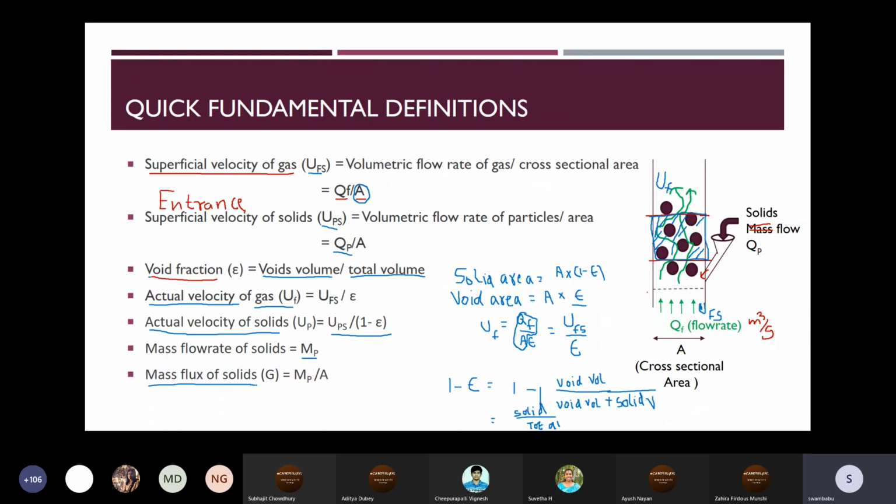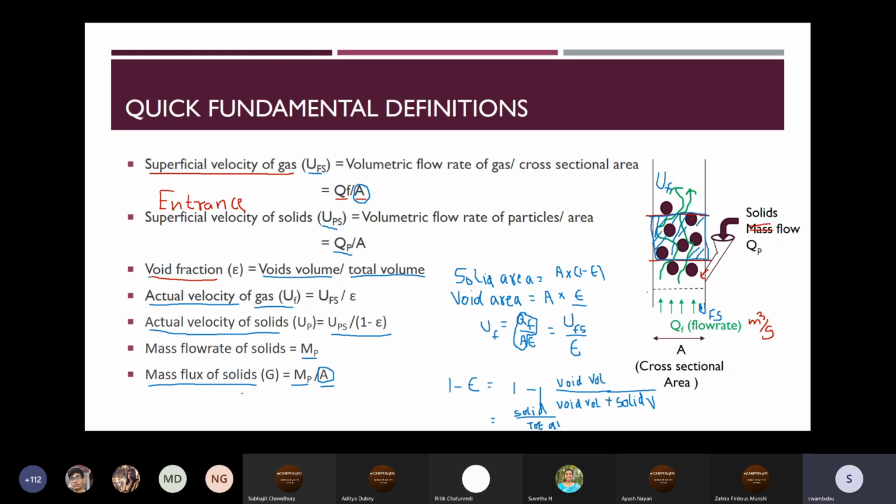Whenever you want to define a flux, we have to divide by the cross-sectional area. So the mass flow rate divided by the cross-sectional area is nothing but the mass flux.